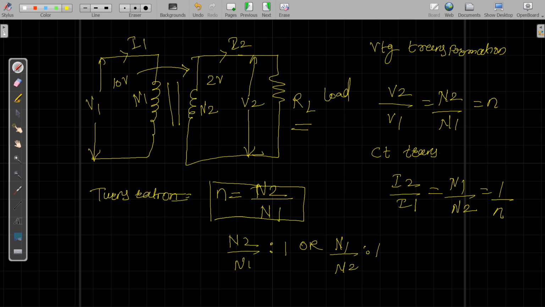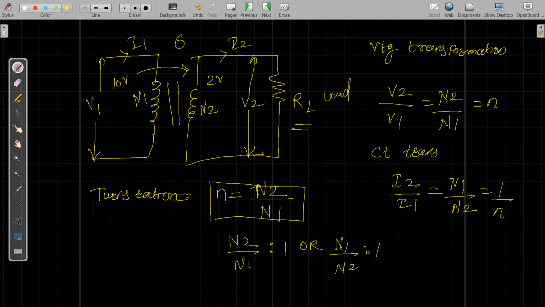The primary and secondary winding resistances we have assumed to be 0, right? That means, as there is no resistance at the primary and secondary, the load impedance RL will get reflected at the primary side also.